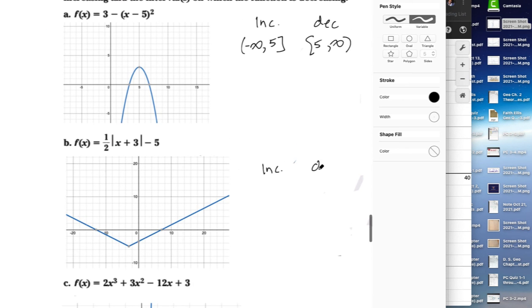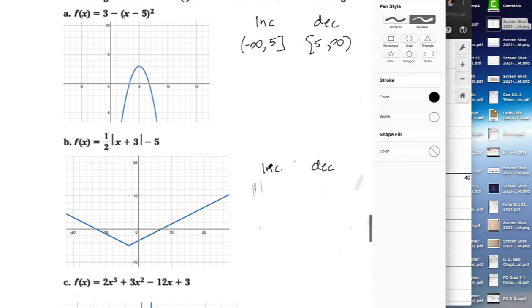Similar situation here. You see how the graph really does help us get the interval correct. So from negative infinity on this function, all the way up to, what is that? If I'm not mistaken, that is negative 3, as indicated by the shift over to the left.